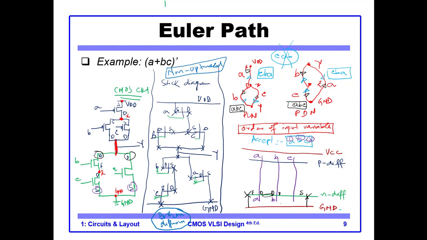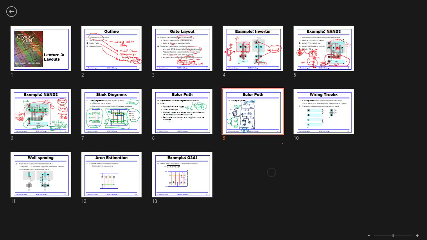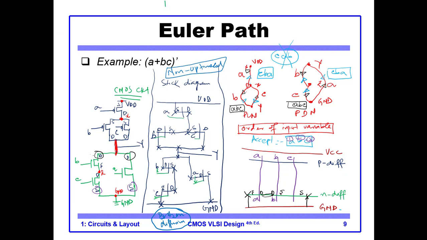We have both the drains connected. This is source and this is drain for C, and the drains of these two are connected to our output. So we have a connection here. The drain of A and the drain of B are connected to our output.